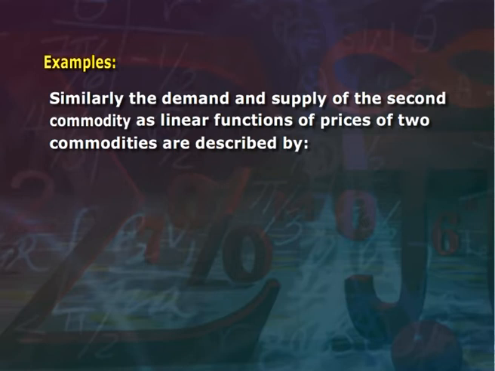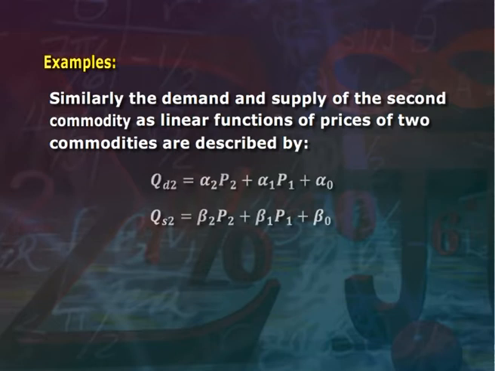Similarly, the demand and supply of the second commodity as linear functions of prices of two commodities are described by QD2 equal to alpha 2 P2 plus alpha 1 P1 plus alpha 0 and QS2 equal to beta 2 P2 plus beta 1 P1 plus beta 0.